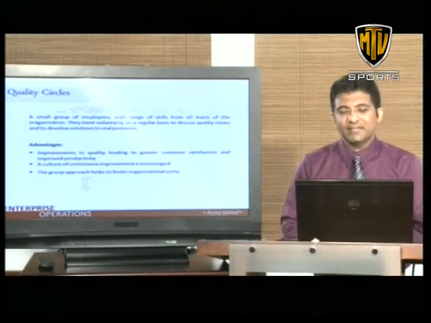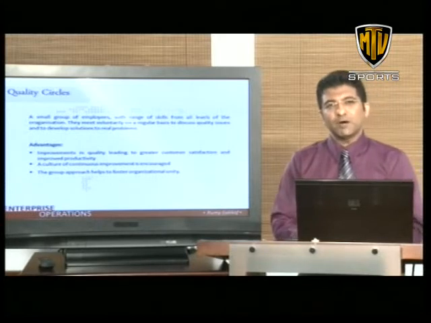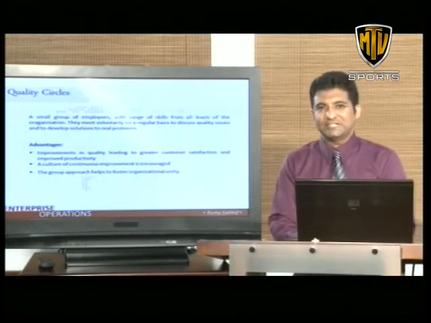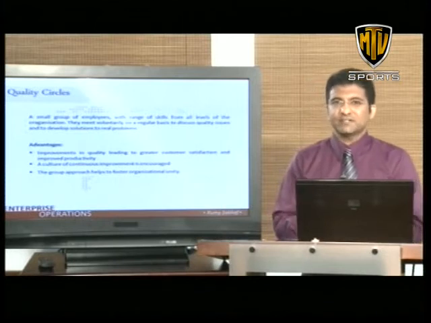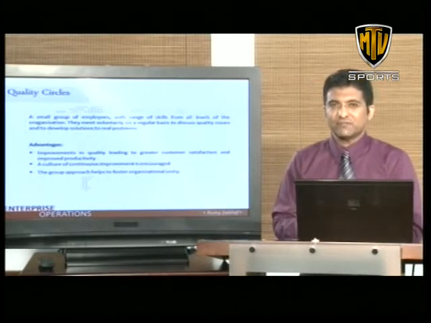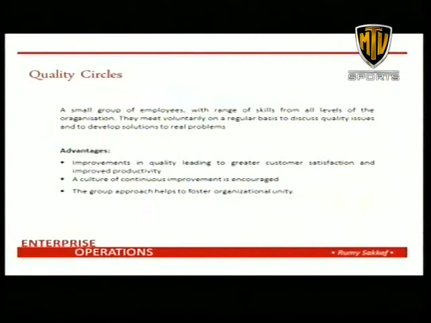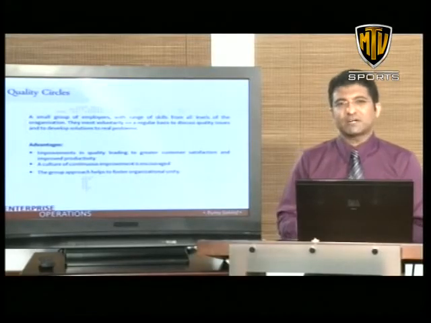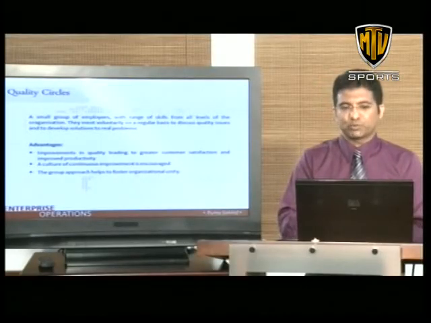And finally, the group approach helps to foster organizational unity, where different sections, hierarchies and skill levels of employees join together to identify the company's major issues. They work together to achieve the objectives through the quality approach.